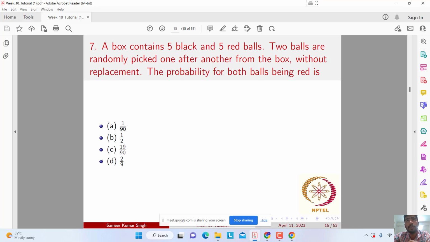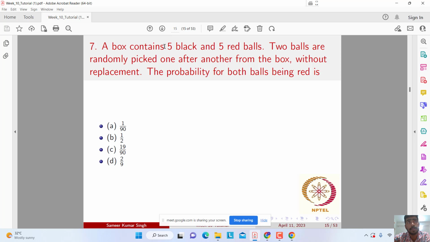The probability of both balls being red is. Is question number 7 clear to everyone?